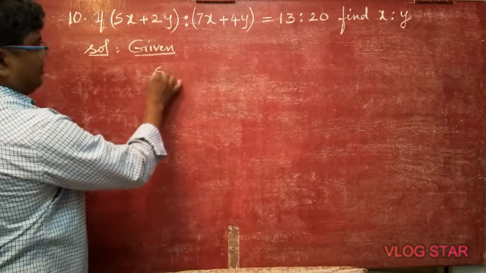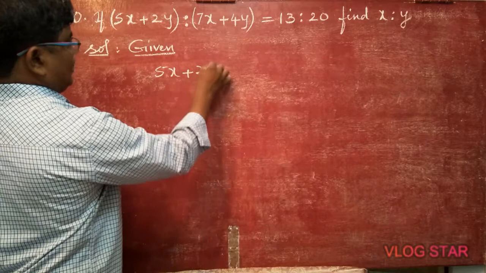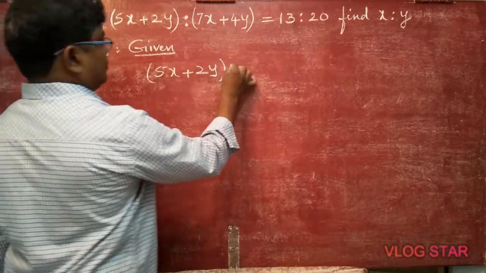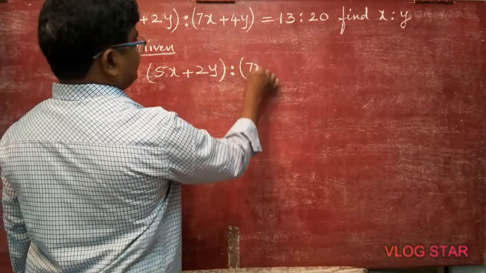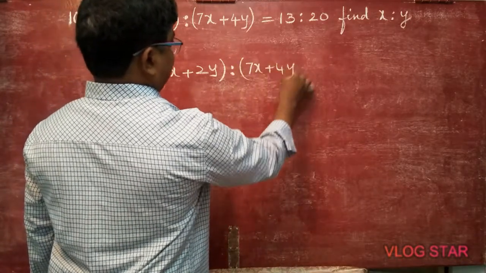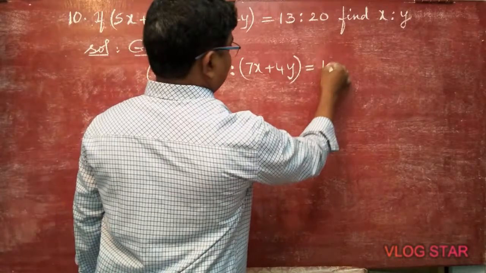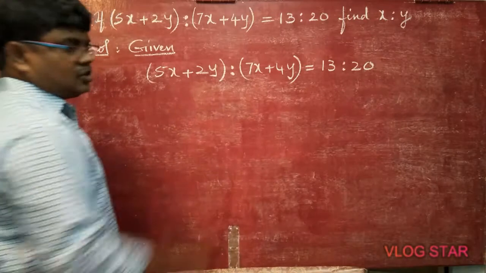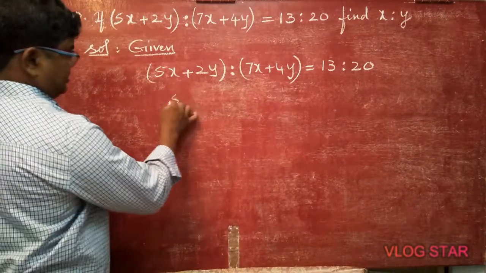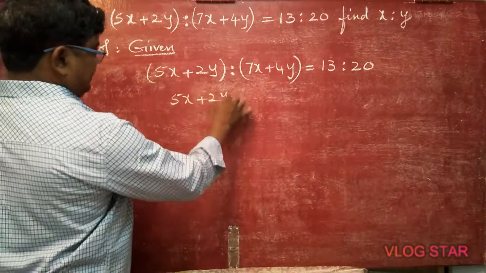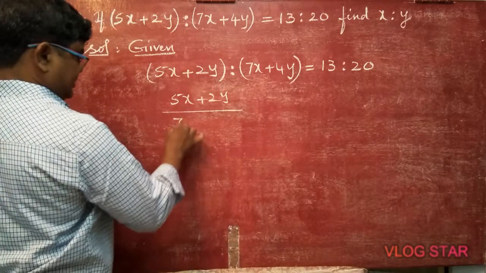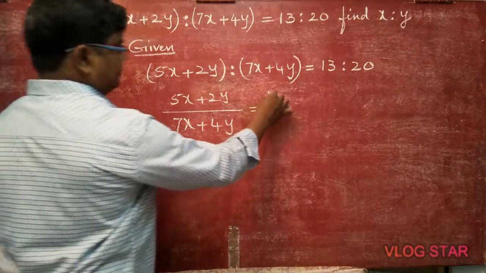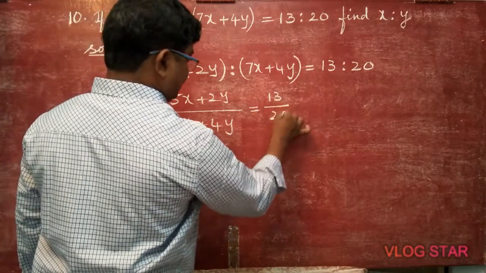Proportion. So 5x plus 2y is to 7x plus 4y is equal to 13 is to 20. Another form is 5x plus 2y divided by 7x plus 4y is equal to 13 by 20.